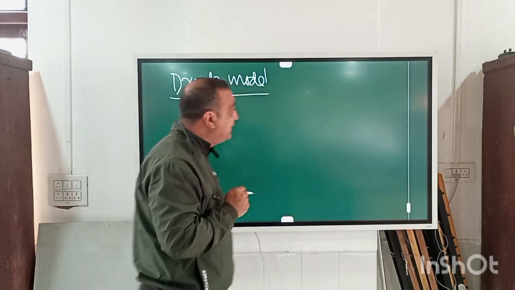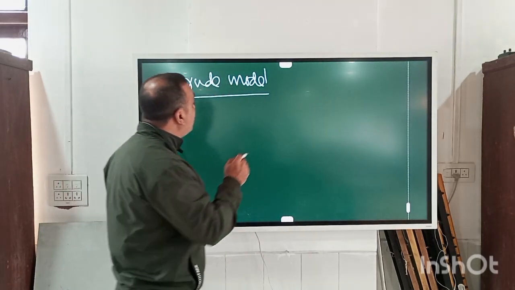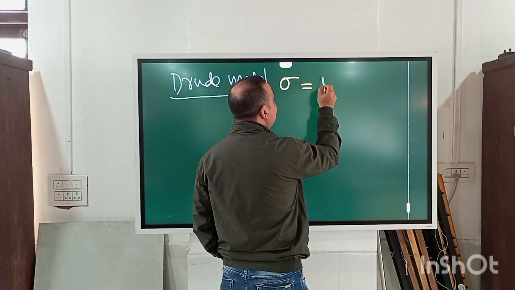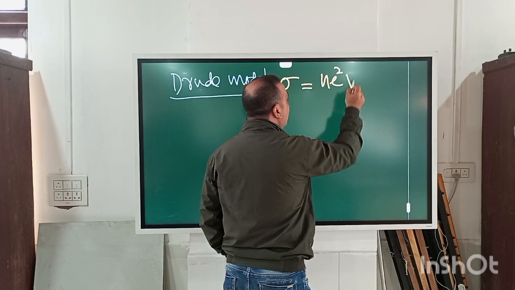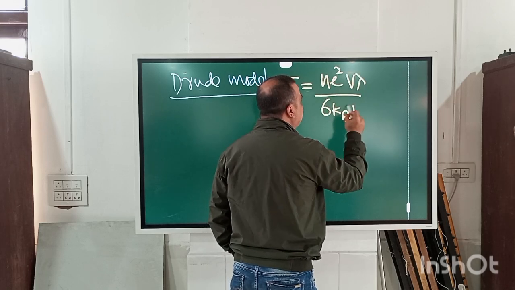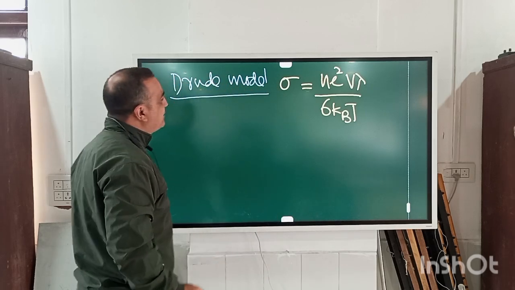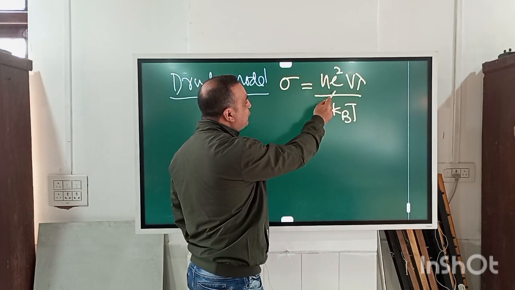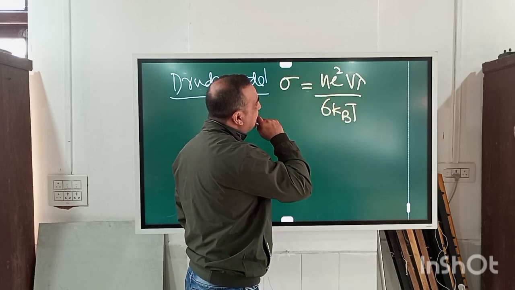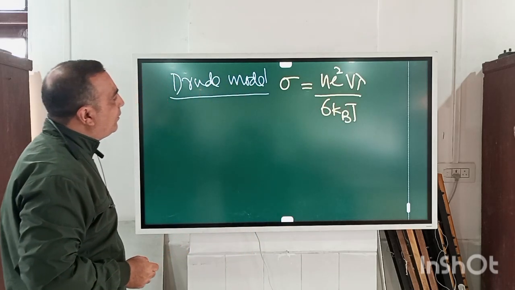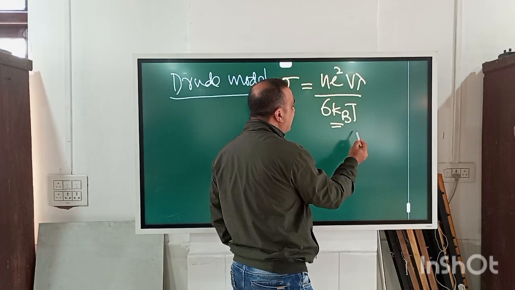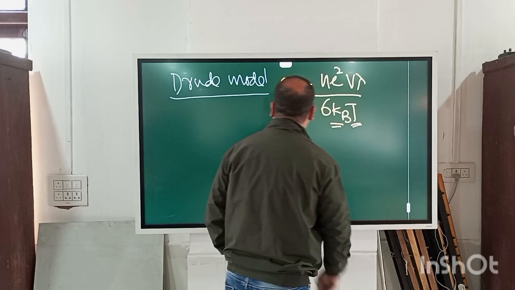What we had obtained in the last video was the conductivity, and the conductivity was equal to N e squared v lambda by 6 kB T. And this N is the number density, e is the charge of the electron, v is the velocity, lambda is the mean free path of the electrons, kB is the Boltzmann constant, and T is the temperature.